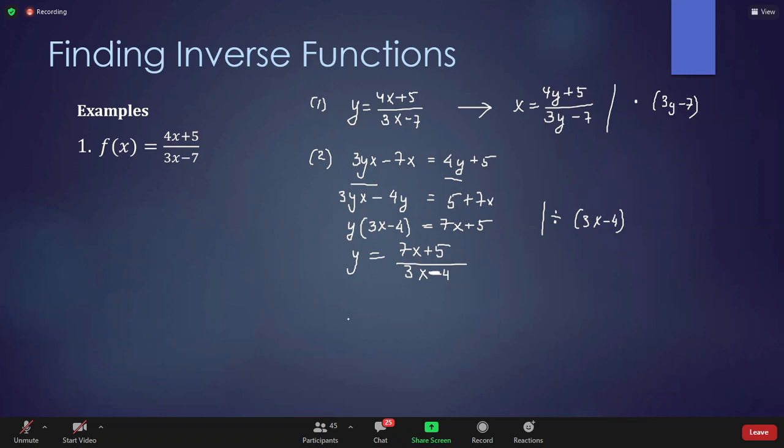So the inverse function, and I still write it in terms of x, f inverse is 7x plus 5 divided by 3x minus 4. One thing about inverse functions, and I say that people generally make a mistake with that. For example, for inverse trig functions, which is why we will use a specific terminology, this f to power minus 1 means f inverse.